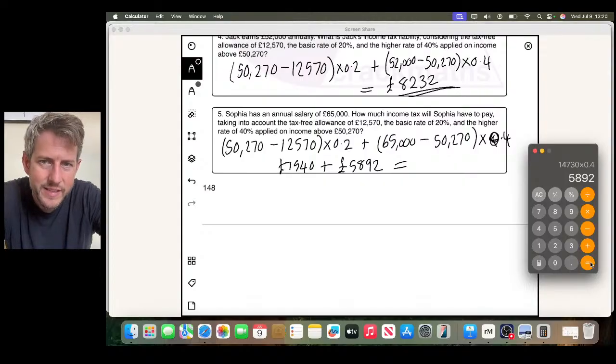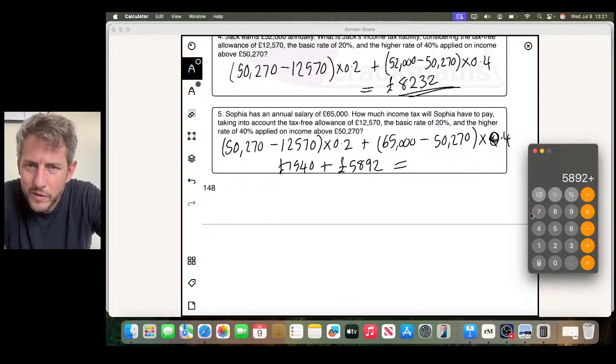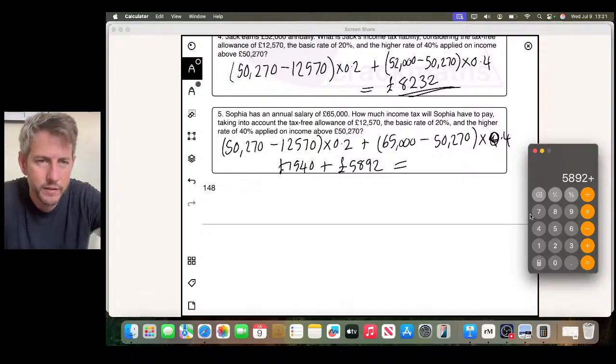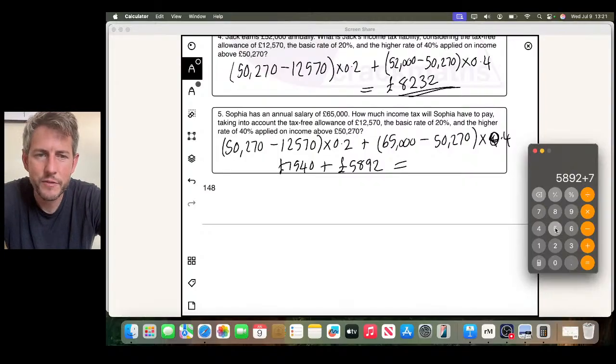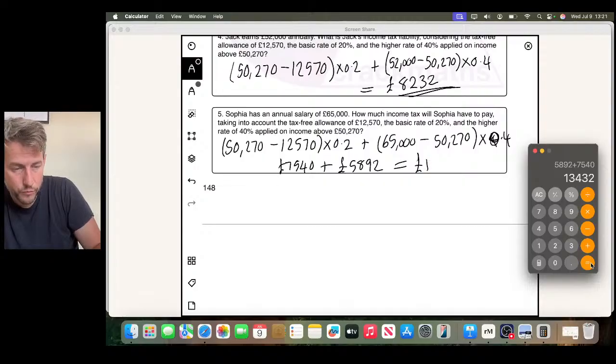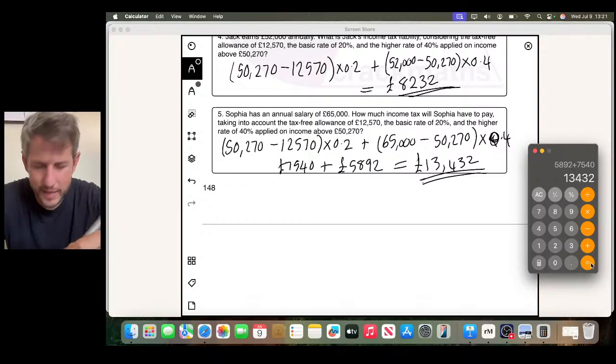Then if we add these together, oh no, was that a 5? I think that's a 5. Yeah. Okay, well, we'll find out in the answer scheme. 7,540. Here we go. And so that's going to be 13,432. Okay, right. Let's get these marked.